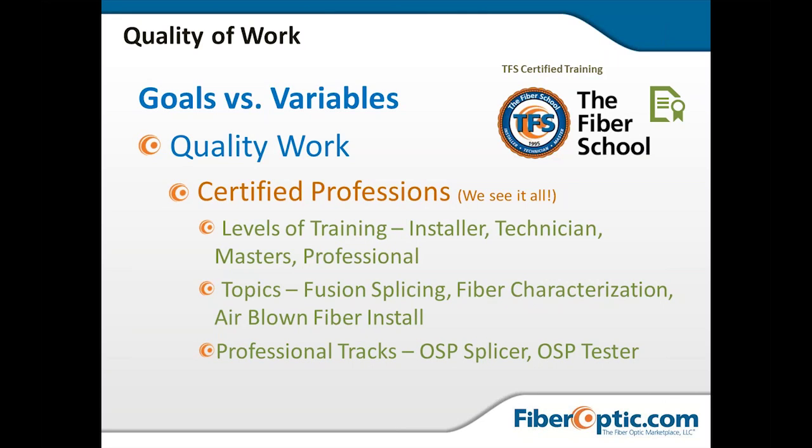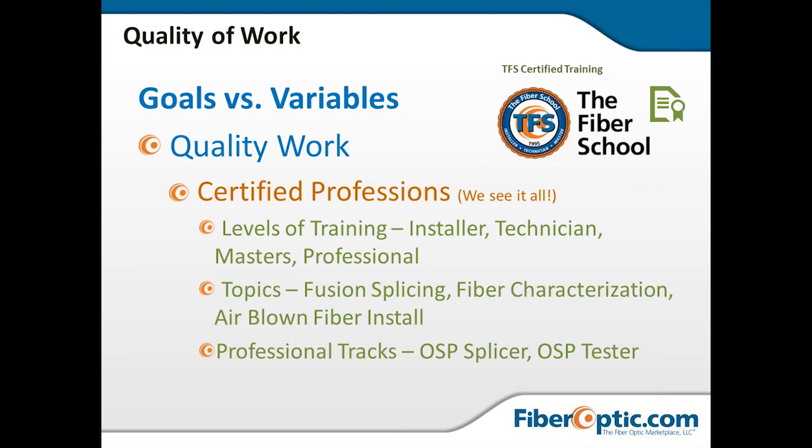So it requires some special machinery to make sure that you're not damaging the fiber. Both ourselves and the manufacturers of the equipment, Sumitomo being one, require certification for those individuals who want to be installing Sumitomo air-blown fiber.